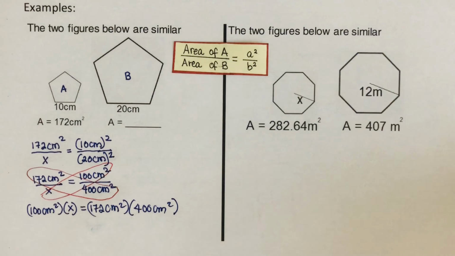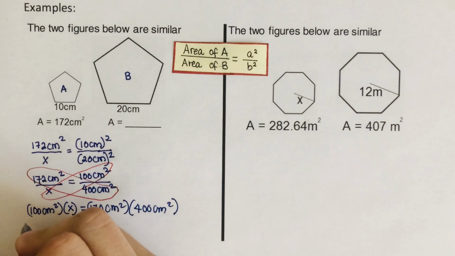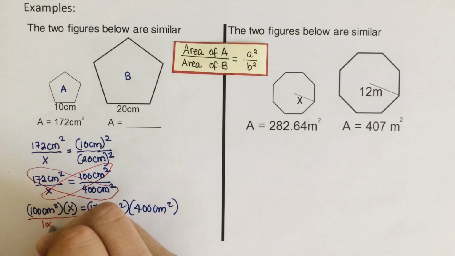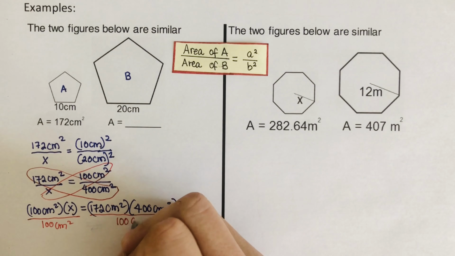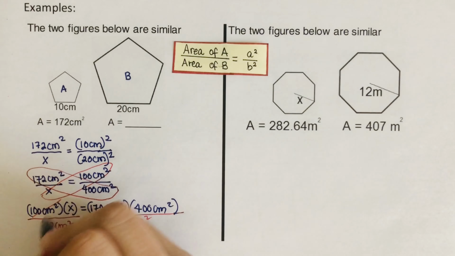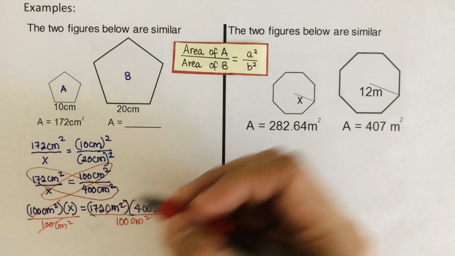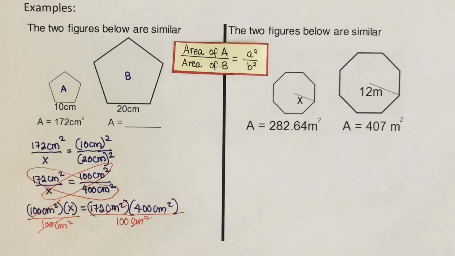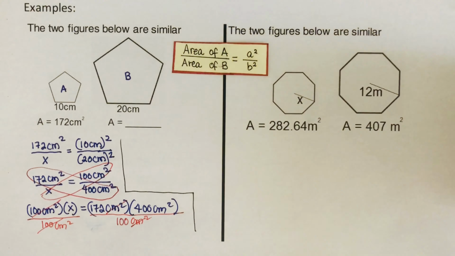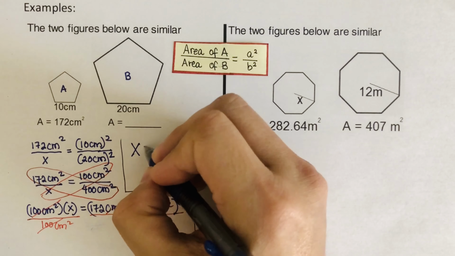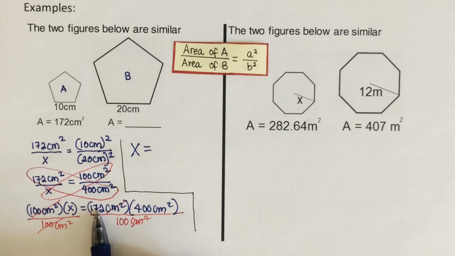squared. From here, we want the X by itself, so we can divide both sides by 100 centimeters squared, so that we can cross this out. The centimeter squared and centimeter squared we can also cross out. Then we just multiply these two numbers to solve for X. We are multiplying 172 times 400, and whatever the answer is, we divide it by 100.